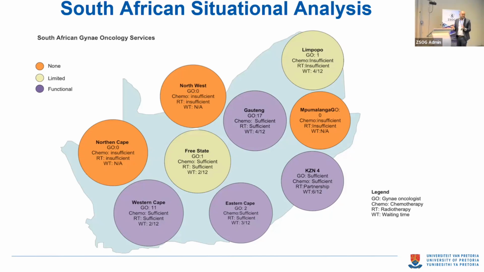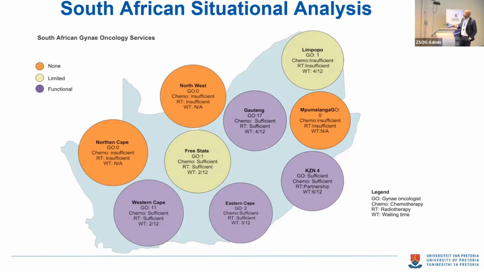You understand these are the provinces with tertiary hospitals. So most of the cancers are treated at this level, at the tertiary hospitals. We have 9 provinces, and some provinces are offering some care, like the Free State and Limpopo, and the other ones do not have services at all. We've got about 3 that do not have services. So our situation is a dire one, but I believe we can do something.